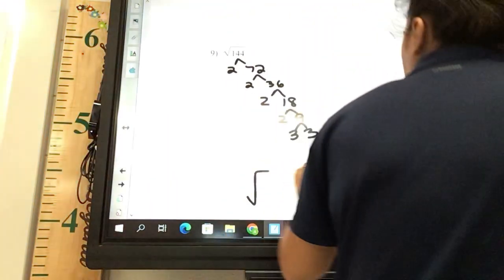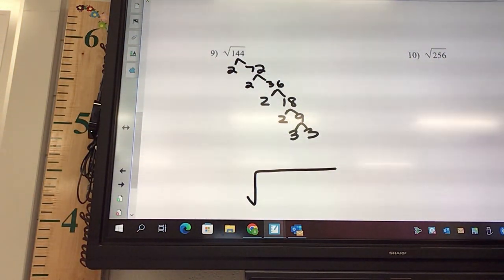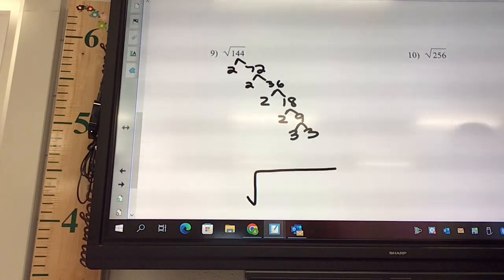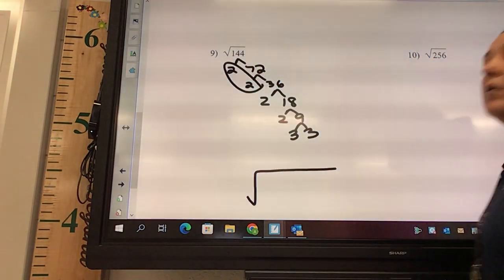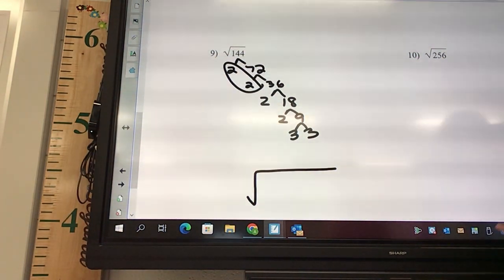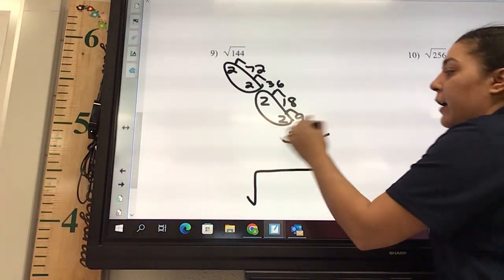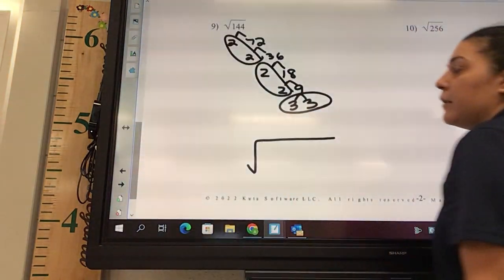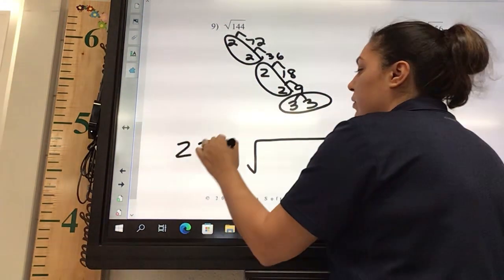Okay, who is allowed to go? Two 2s. Two 2s and a 3. Two groups of 2s, right? Okay, two groups of 2s. Can the 3s go? Yeah. Okay, where do we put those guys? Outside. So on the outside it's going to look like 2, 2, 3.